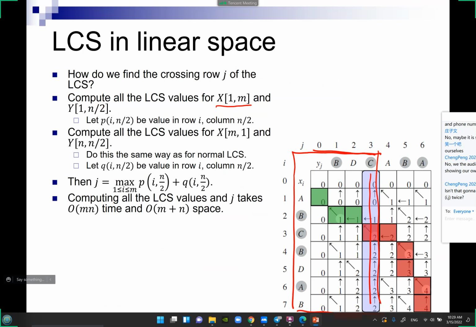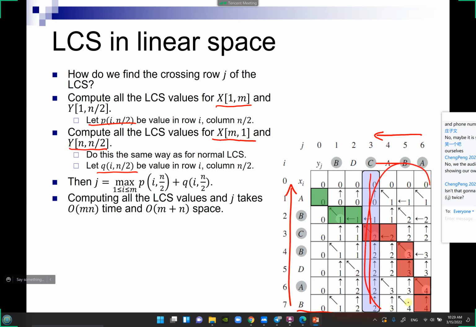That's P, and then for Q, we're going to look at these strings in the backwards order. We take all of X again, but now in the backwards direction, which is why I write this as X M to 1, instead of 1 to M. And for Y, you also look at things backwards, and again compute all of the LCS values in here.